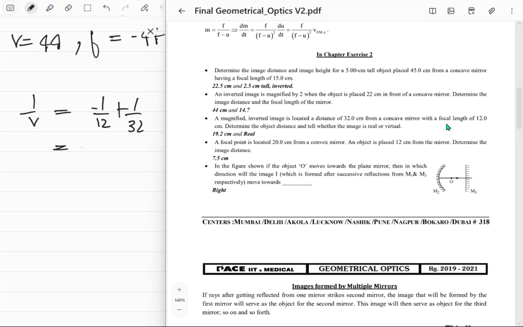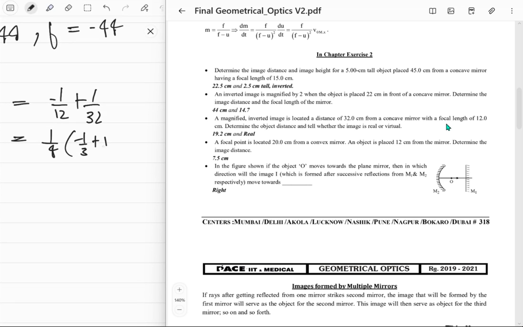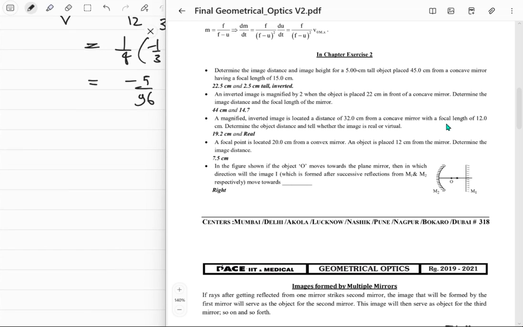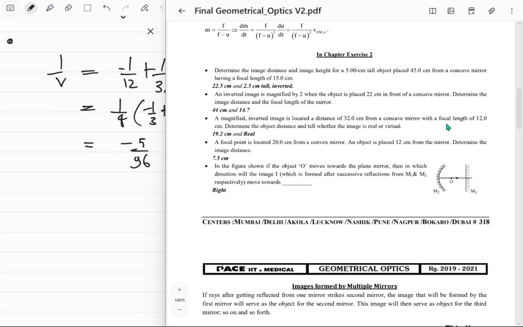Taking 1 upon 4 common, it's negative 1 upon 3 plus 1 upon 8, which is negative 5 upon 24, and a quarter of that is negative 5 upon 96. So our u is just negative 96 upon 5, which is 19.2 centimeters.